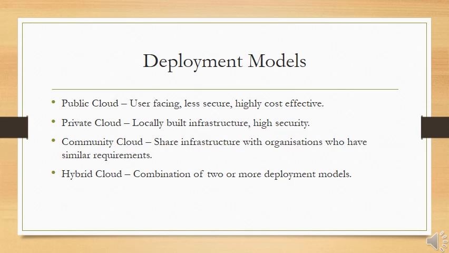Private cloud would be the other end of the scale, where you are securing infrastructure to be exclusively accessed by your organization. A community cloud could be sharing hardware with another organization that has similar requirements. So you'd want to make sure that you trust them not to be trying to hack your data there. And a hybrid cloud is a combination of 2 or more of these deployment models.